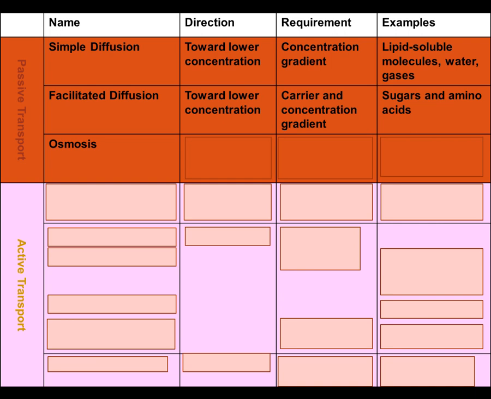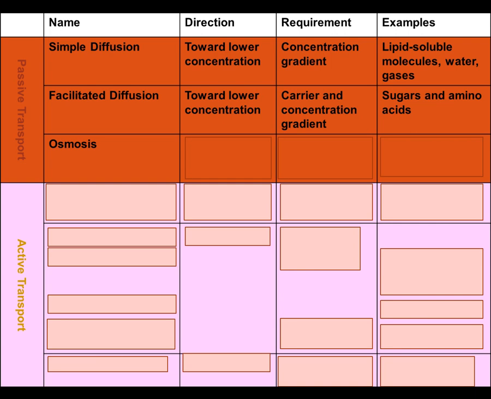But water is polar, so we probably need a carrier. They're called aquaporins. Aqua, water. Porin is a pore, a hole, or a channel.